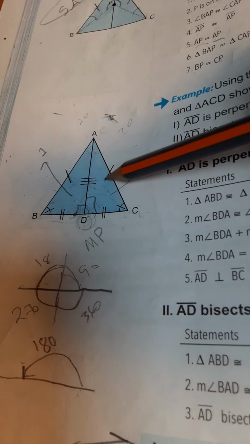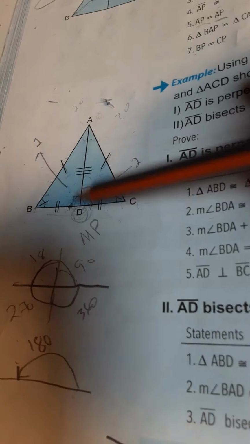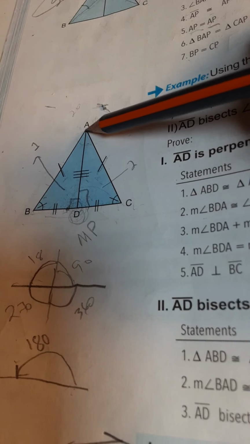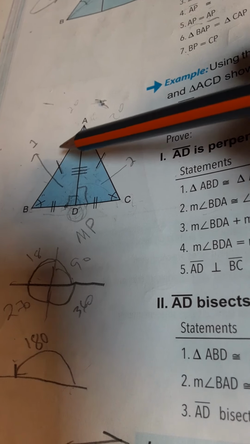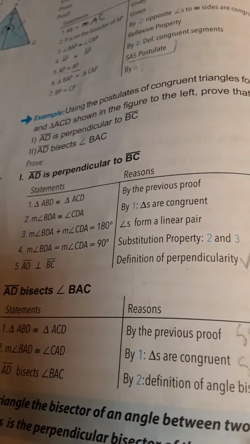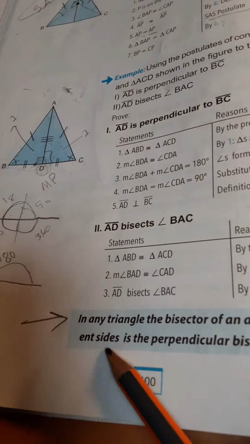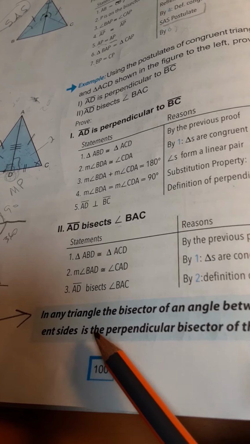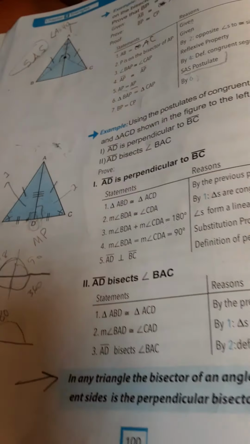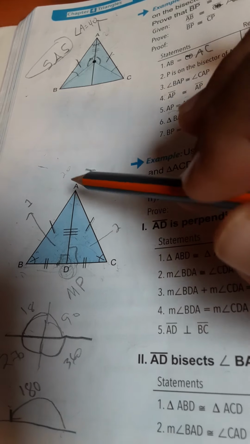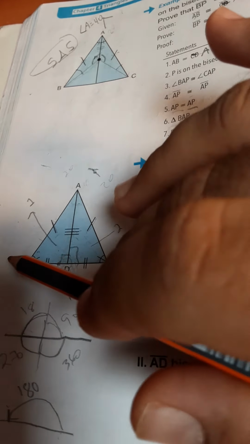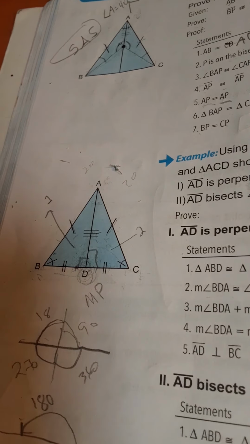This one and this one. Estamos hablando de esta línea, AD. Si esta línea parte este triángulo entre dos congruent sides, then it's the perpendicular bisector of the opposite side. ¿Cuál sería el opposite side? BC. So that means that AD is perpendicular to BC.